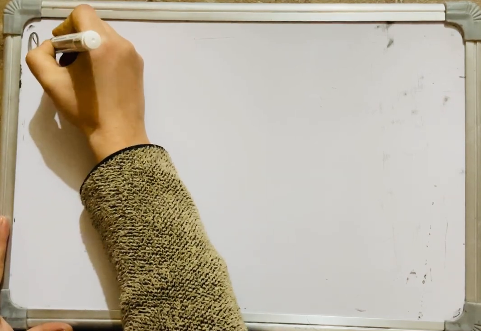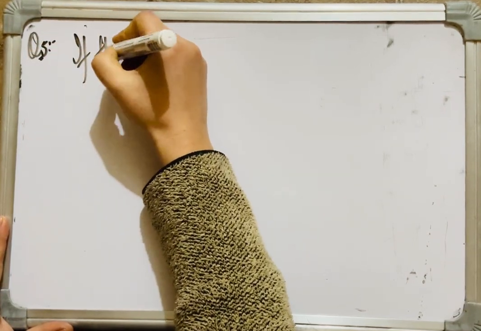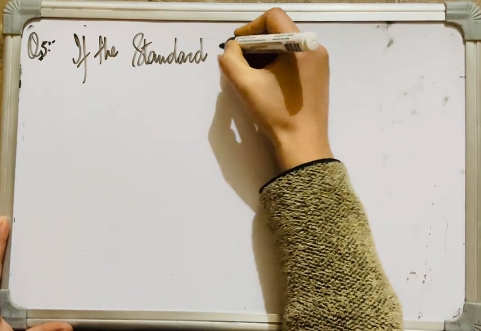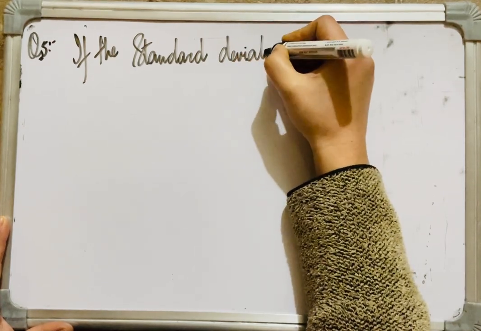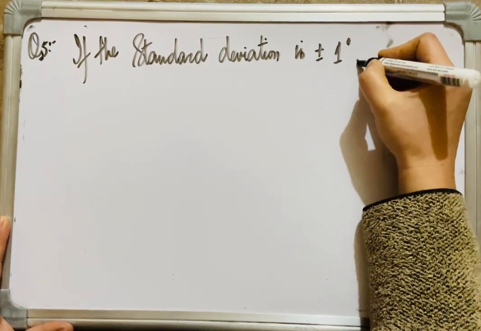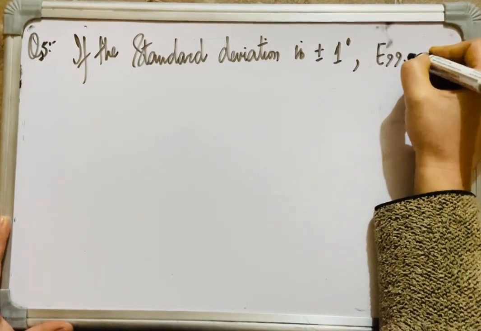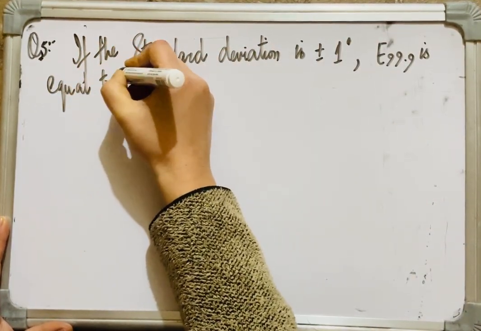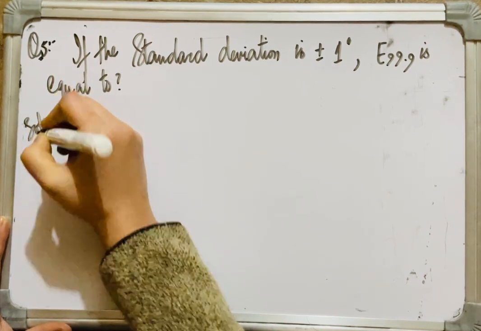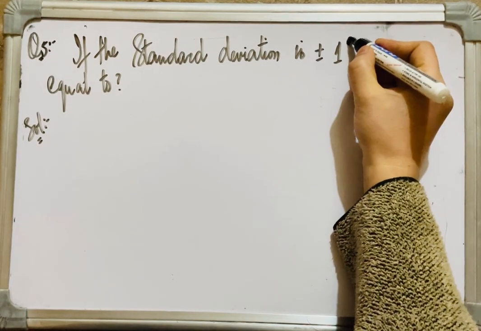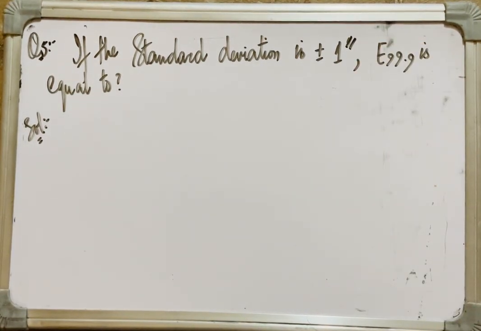Question number 5. If the standard deviation is plus minus 1 second, E 99.9 is equal to? All right, so the question is, if the standard deviation is plus minus 1 second, then E 99.9 is equal to?